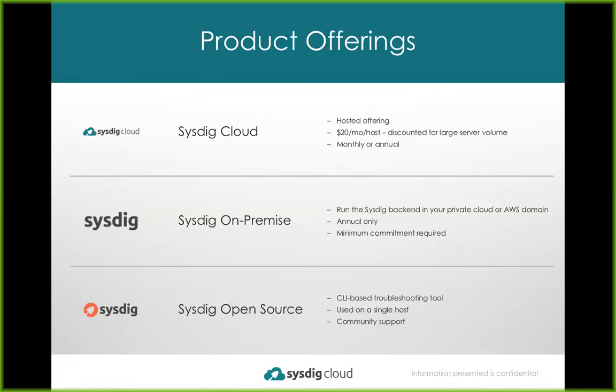Sysdig On-Premise, which is our same software as the cloud, wrapped up and delivered to you to run in your own cloud or in your own AWS domain. Could be a public cloud environment, private. It's all good. The only difference is primarily that we only do this on an annual basis, and there's a minimum commitment. And finally, Sysdig Open Source, which is a CLI-based troubleshooting tool. It's only used on a single host at a time, has hundreds of thousands of users already, and has a pretty robust community for support.